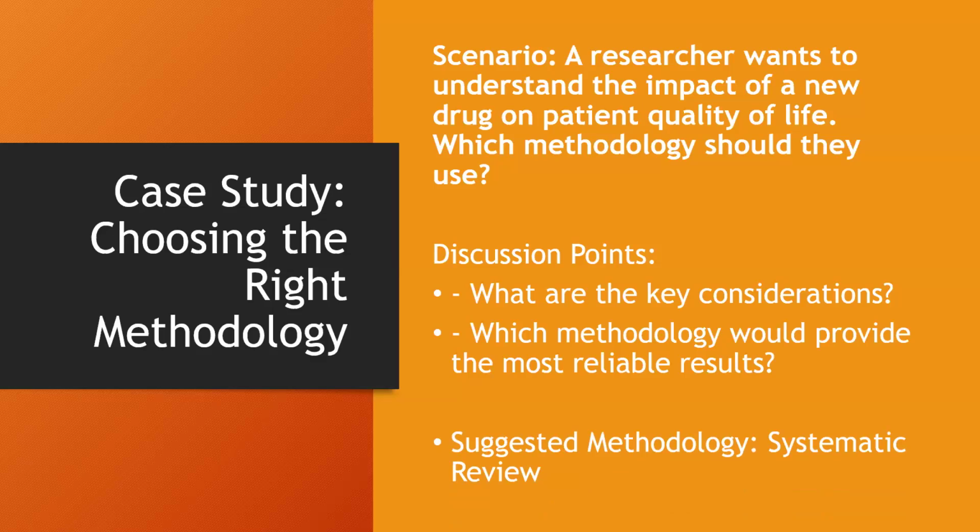If there is a new drug, it has gone through lots of clinical trials. Only after lots of clinical trials does a drug come into the market. So we are not in a hurry to assess, we don't need a rapid result because it has already cleared lots of trials. So here the most reliable method is the systematic review.